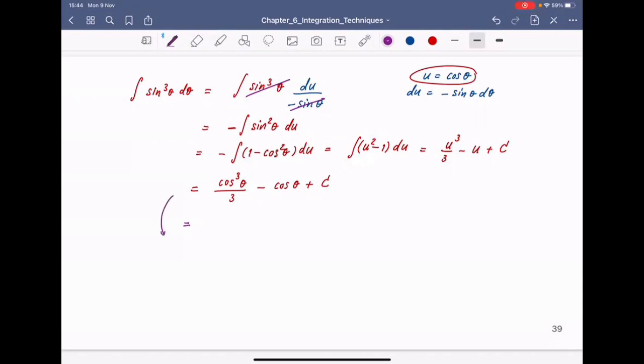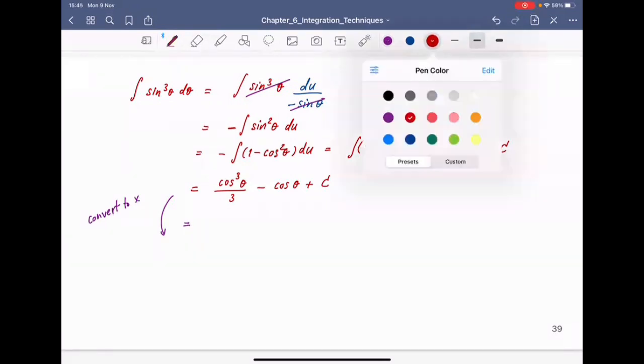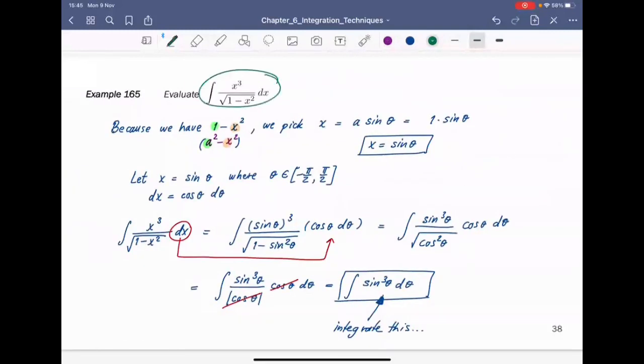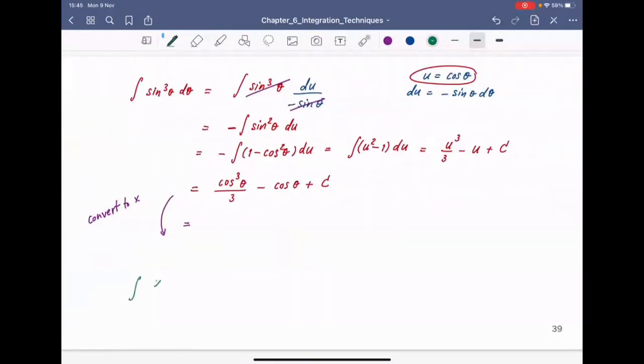Why? Because in the original question, the integral of x cubed over square root of 1 minus x squared is your original problem, so you need to answer in terms of x.